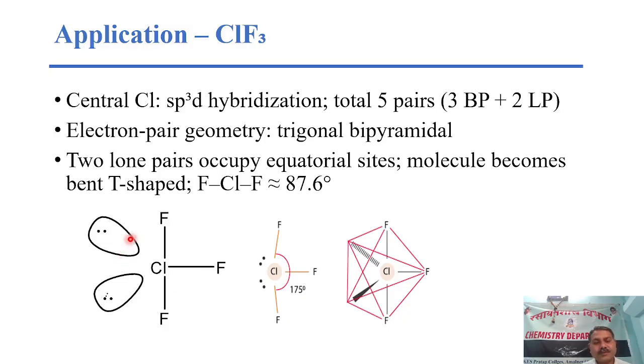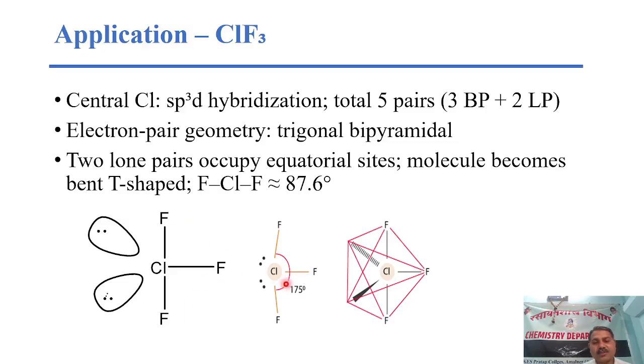Because of the equatorial position of these lone pairs, the bond angle between them will be 120 degrees. Otherwise, if we place these lone pairs at axial positions, then there is a repulsion between lone pairs and bond pairs.